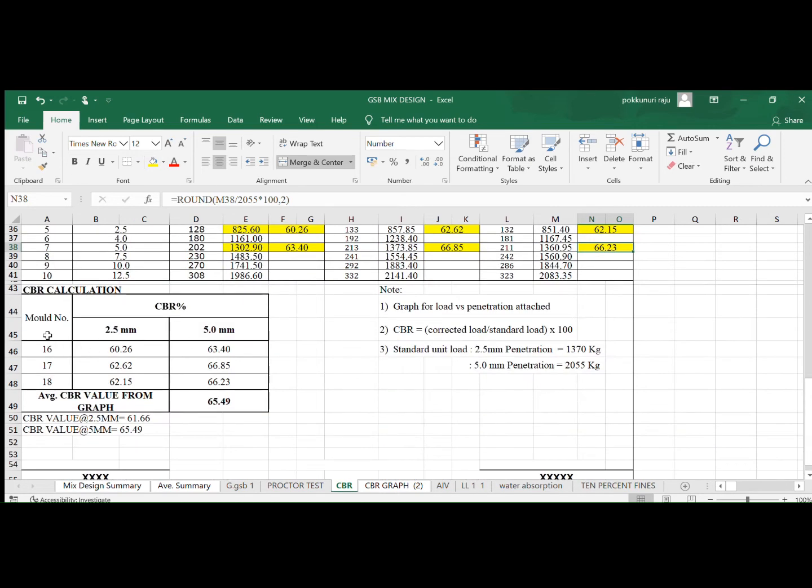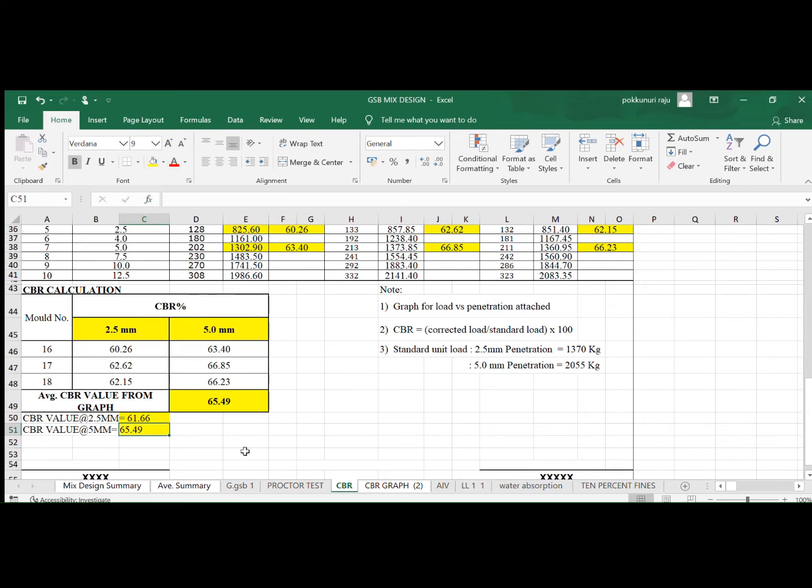If you plot a graph of mold number versus the CBR value corresponding to the different penetrations, at 2.5 and 5 millimeters, as shown in the table below, you will see that mold number 16 has 60.26 at 2.5 and 63.40 at 5 millimeter penetration. The average CBR at 2.5 millimeters is calculated to be 61.66 and the CBR value at 5 millimeter penetration is 65.49.